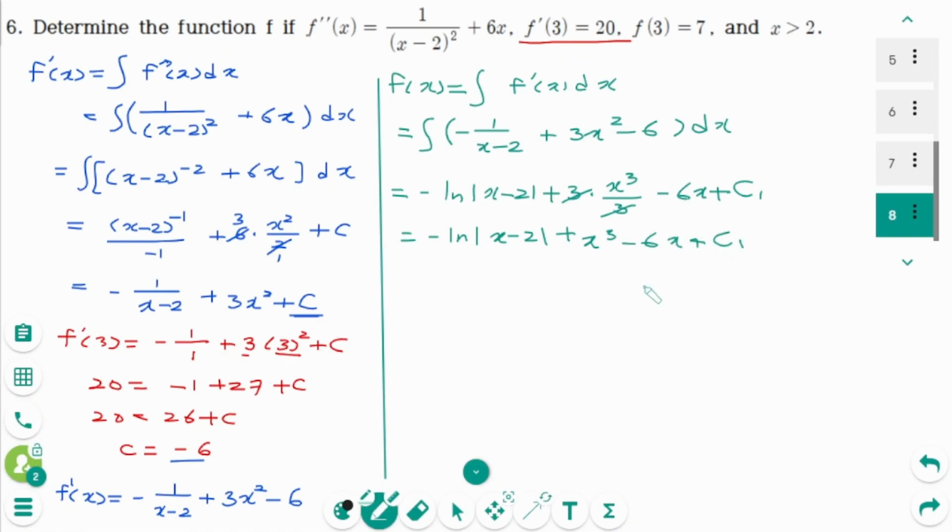We can use the letter c again because the two constant terms here aren't always the same number.